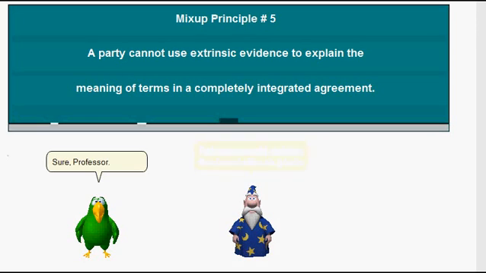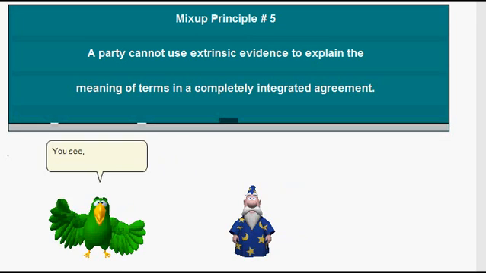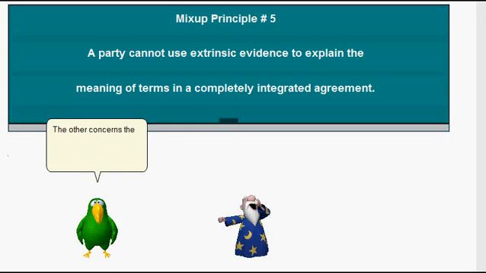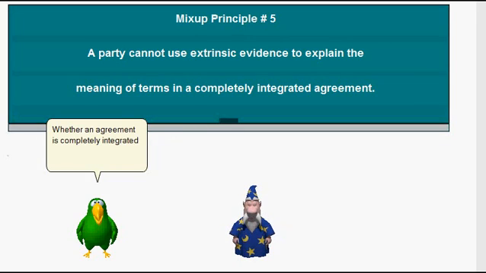Sure, Professor. The principle you have written on the board is, well, frankly, just mixed up. You see, there are two parallel evidence rules. One addresses the discharge of prior agreements. Whether an agreement is completely integrated only matters under the first rule.